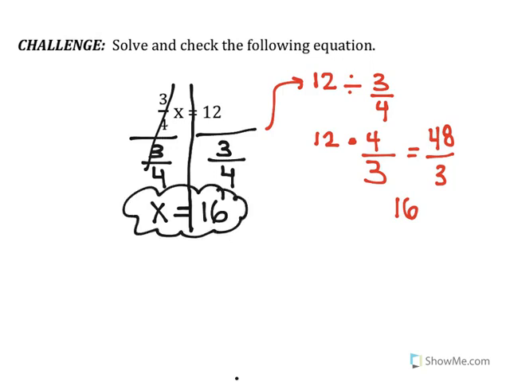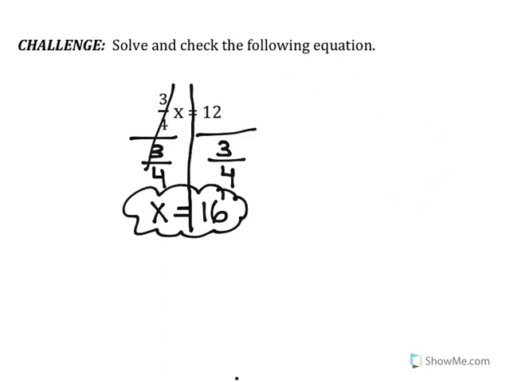Now, if you want to take it one step further and solve this in a cleaner way, there is another way you could solve this. So I'm just going to erase this division by hand, and I'm going to rewrite the problem here. I have 3/4 x equals 12. Another way to cancel out fractions is to use something called the reciprocal.